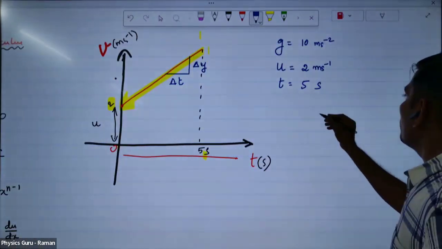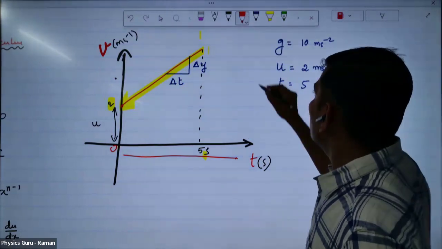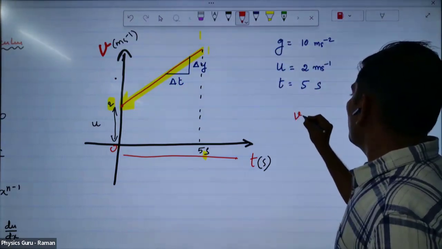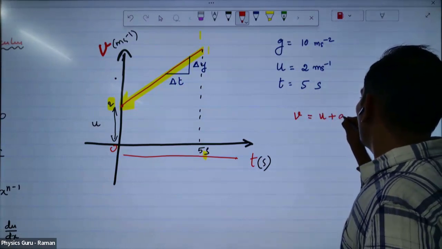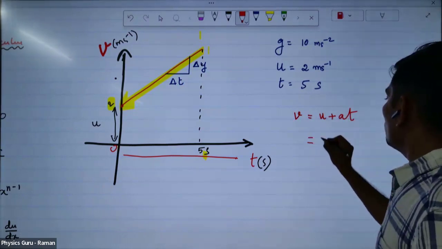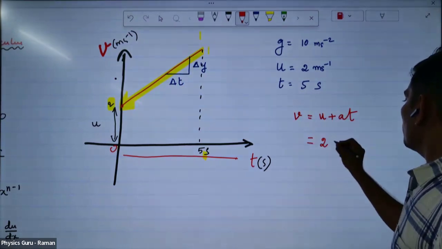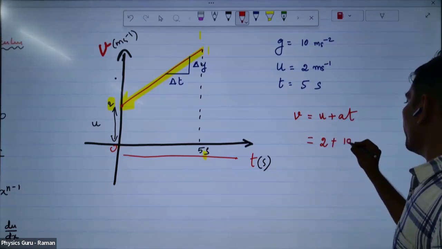Let's see that. So what's the formula that we have for a uniformly accelerated motion? The final velocity v is equal to u plus a into t, which is equal to u is 2 meter per second plus acceleration due to gravity is approximately taken as 10.